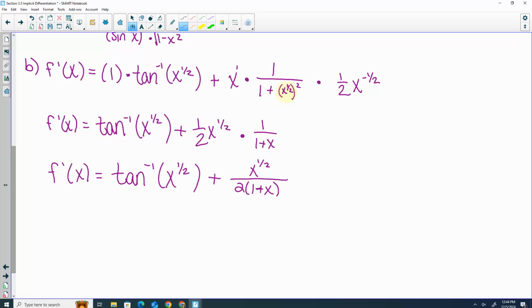And that's about as nice as this one's going to get. So in those formulas, the x is just representing the angle. If your angle is not a plain x, you are substituting in whatever that angle is equal to.